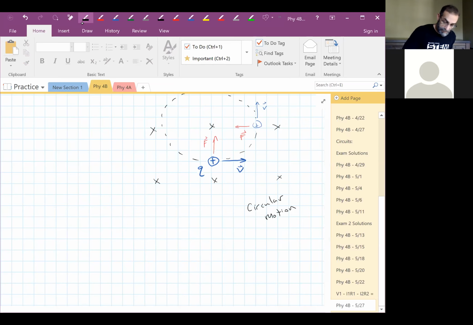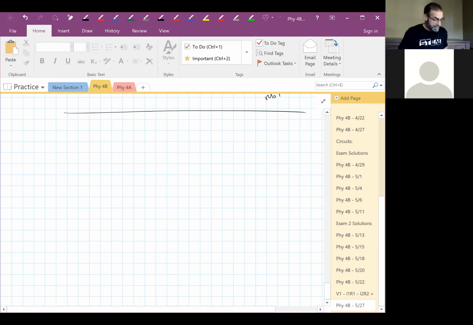One interesting thing that we see due to this effect is the northern and southern lights, the aurora.